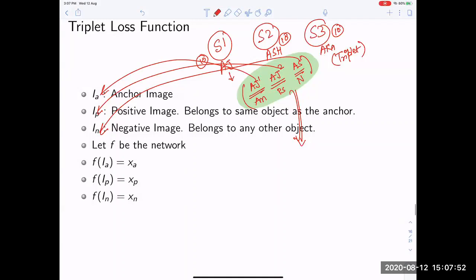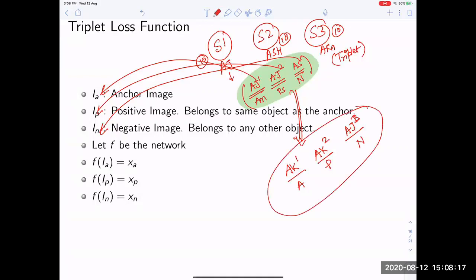We can have another triplet with Akash's first image as anchor, Akash's second image as positive, and then Ajay's image as negative. Ajay's any image, maybe first or third or whatever. Any image, negative. Thank you. This is perfectly correct.